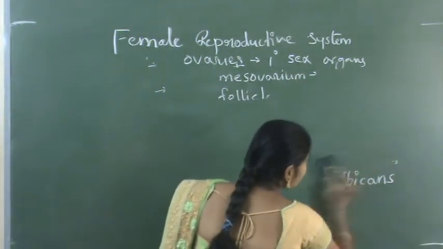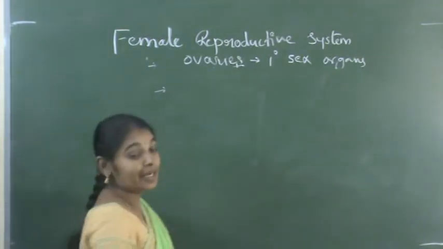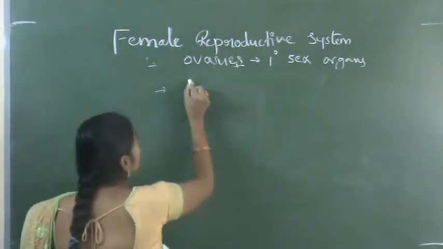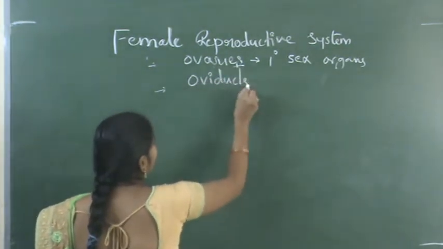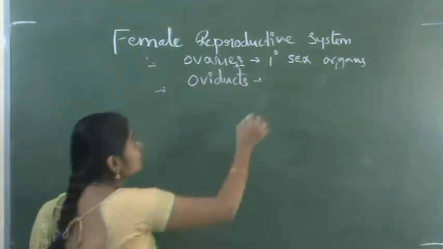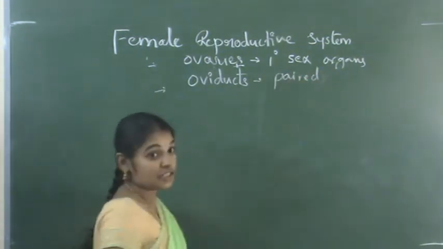The next structures associated with the female reproductive system are the oviducts. These are paired tube-like structures.